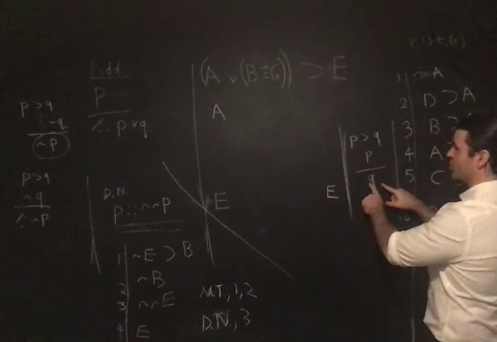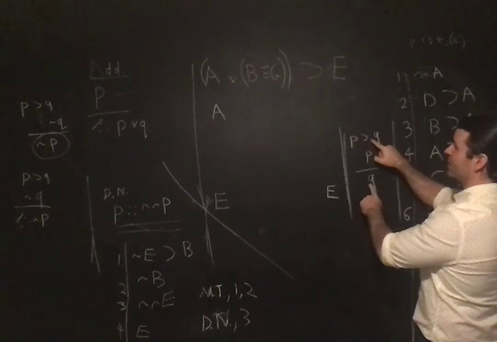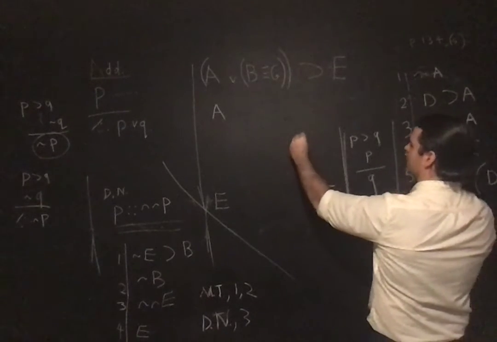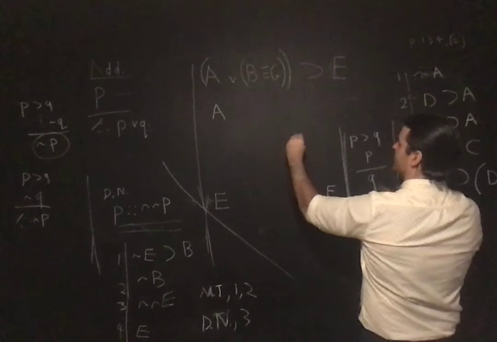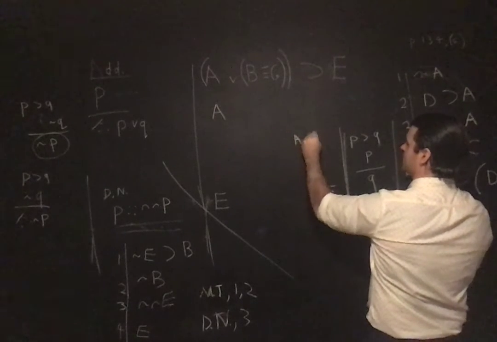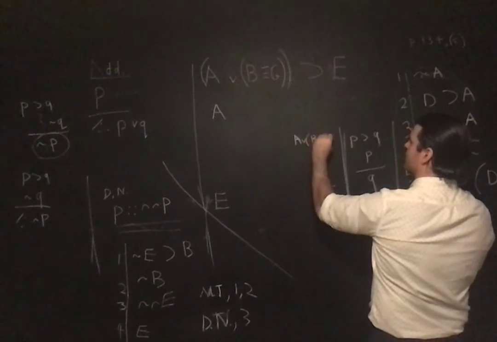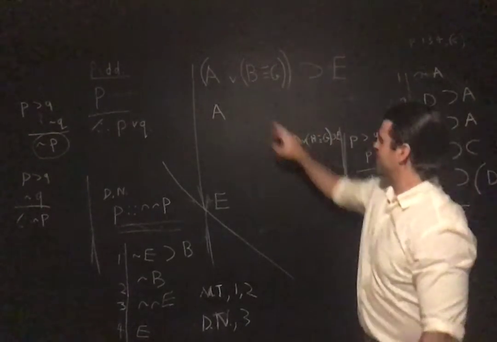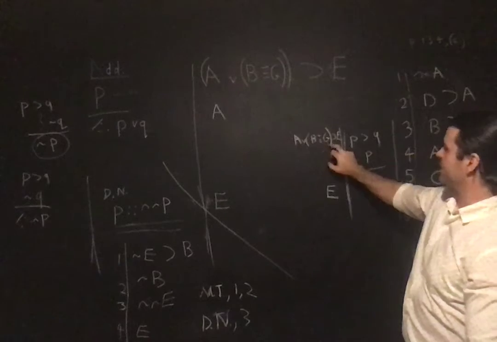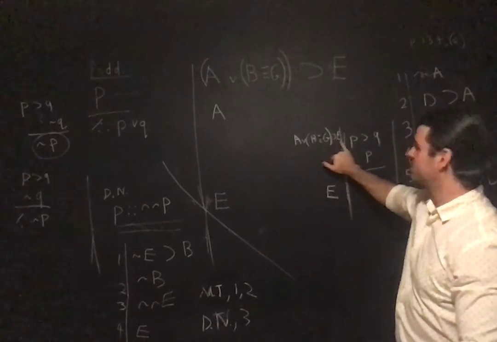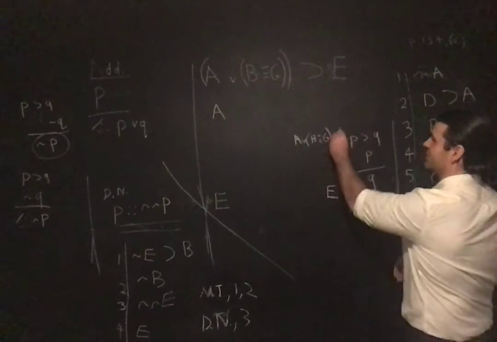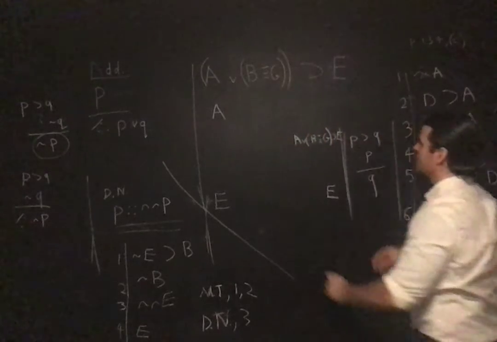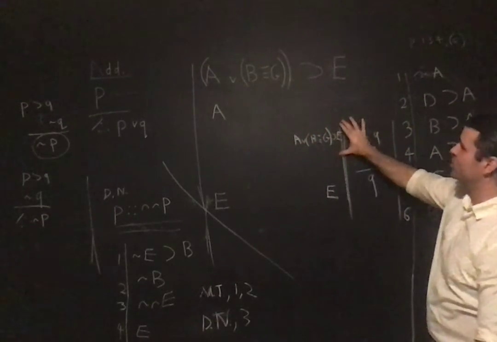That's why it's a Q to go with this P hook Q. The conditional is A or B by conditional G, that's the antecedent, hook E. That is my P hook Q.